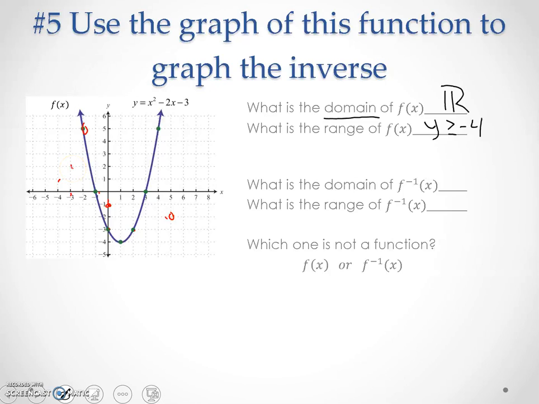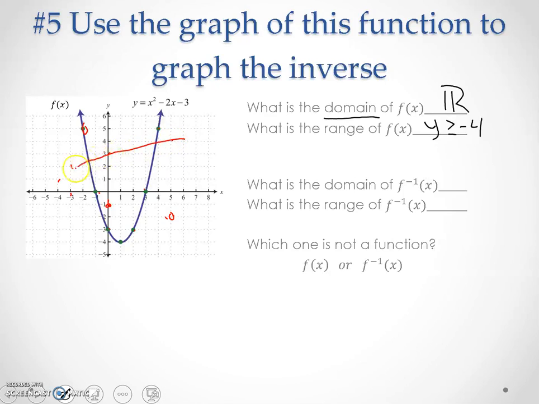It's kind of hard to see where I'm at here. And then let's do one more point here. 3, 0, if I switch this point around and made it 0, 3, I'd be right here. And maybe this last point as well. This is the point 4, 5. So if I went 5, 4, I'd be right here.